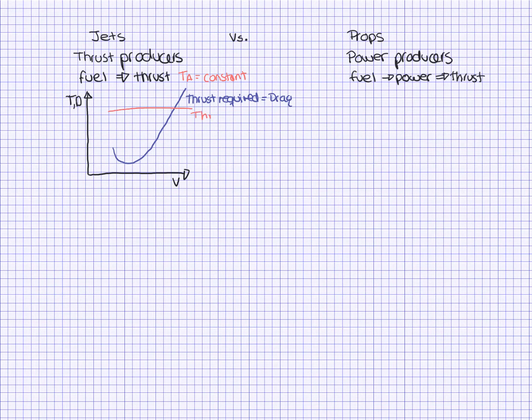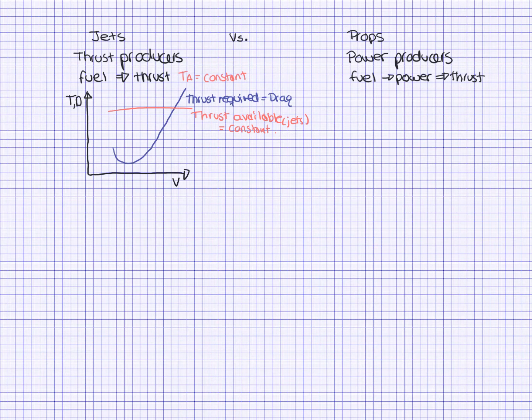So this is thrust available for jets and is constant. So it's a straight line. So we have thrust required, that is the same as drag, and thrust available, which is going to be constant for jets. That's why we say that jets are thrust producers.